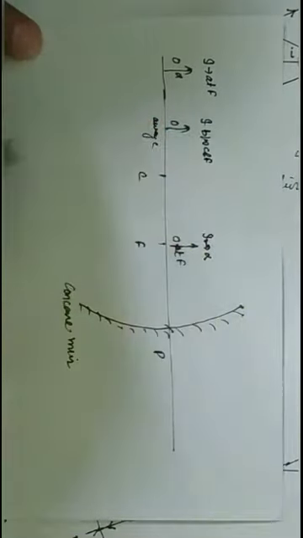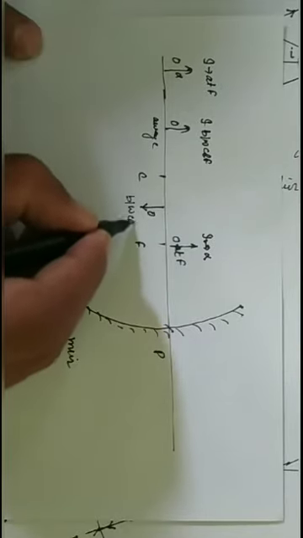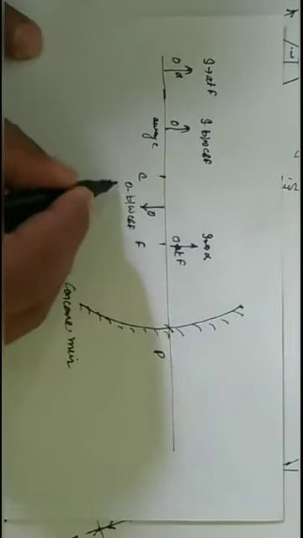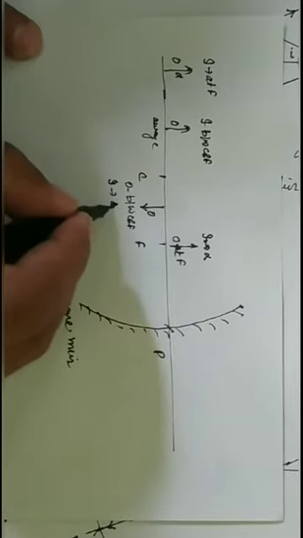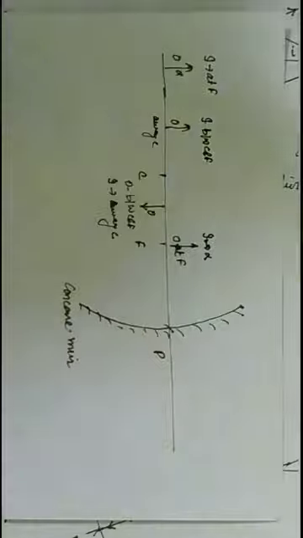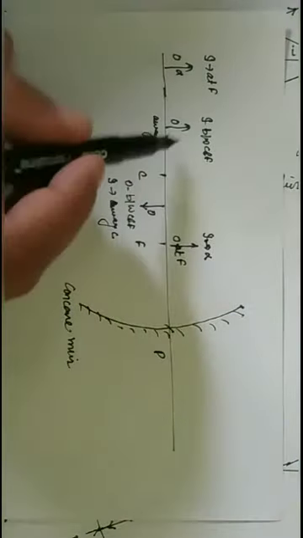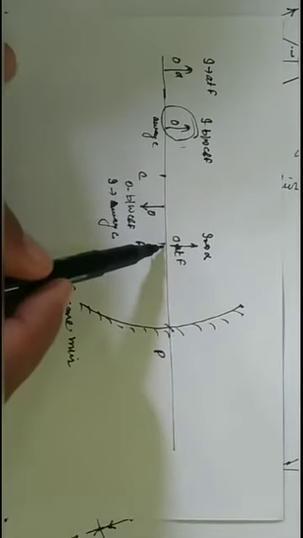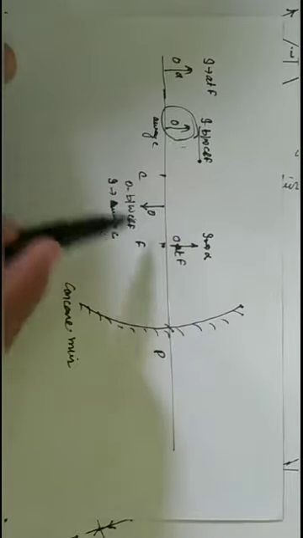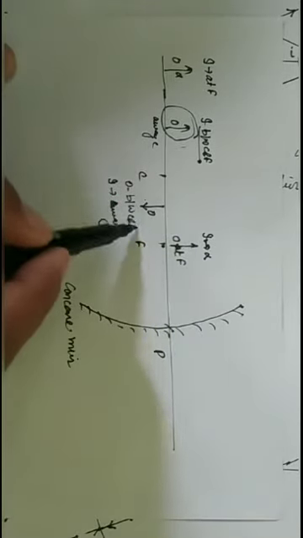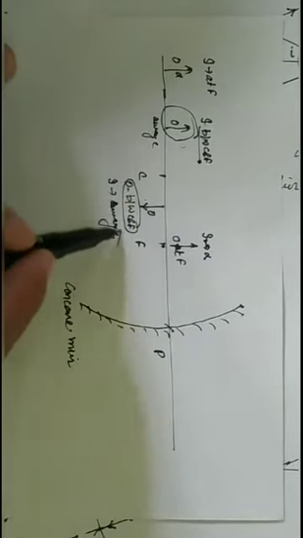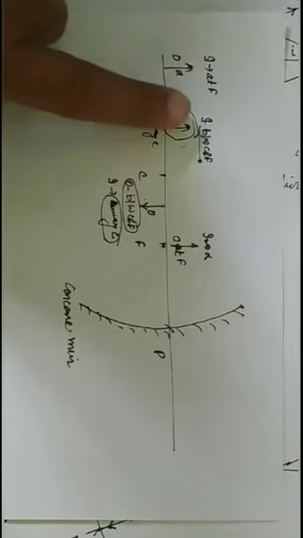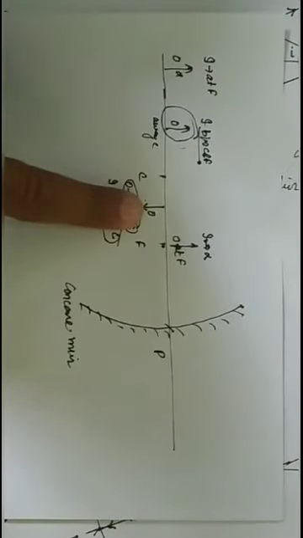When your object is between C and F, then your image is away from C. From here also you can see that when you place your object away from center, your image is between C and F. If your object is between C and F, then your image is away from C. Or in reverse order, if you place your object away from center, then your image will be between center and focus.